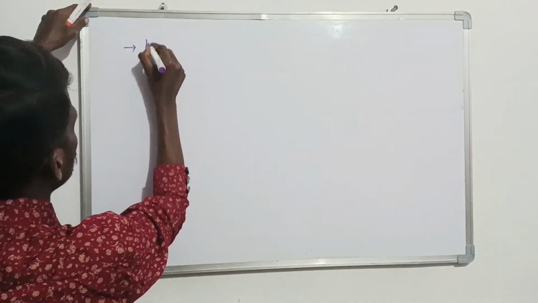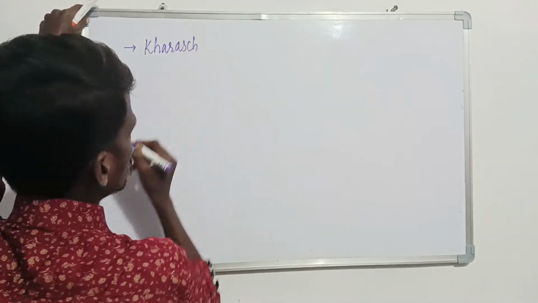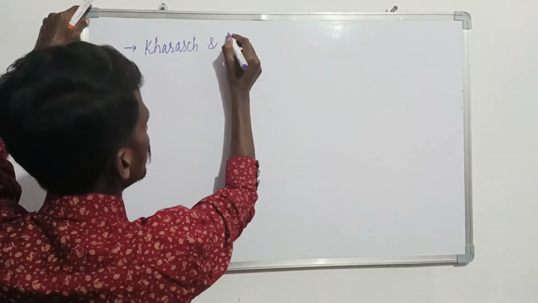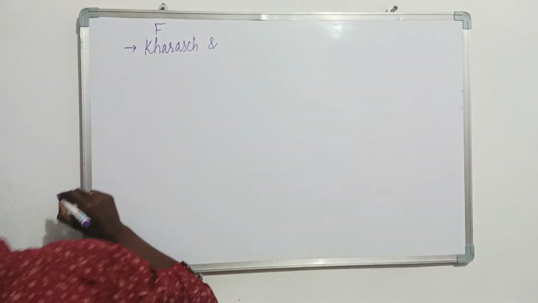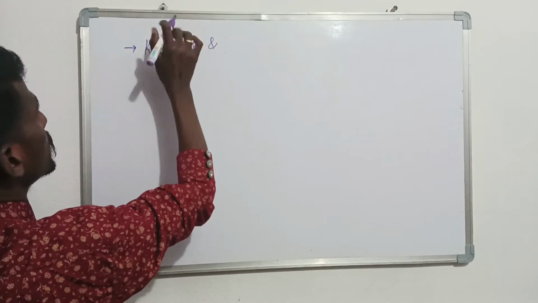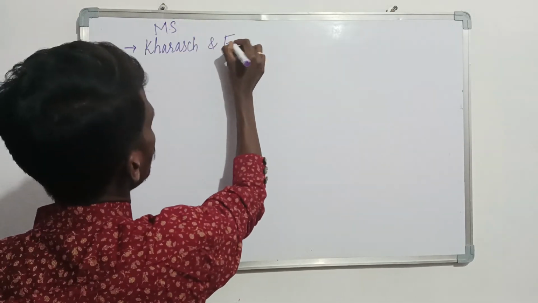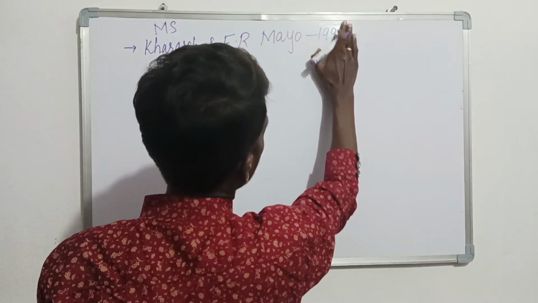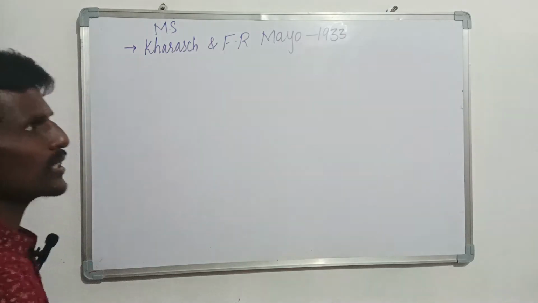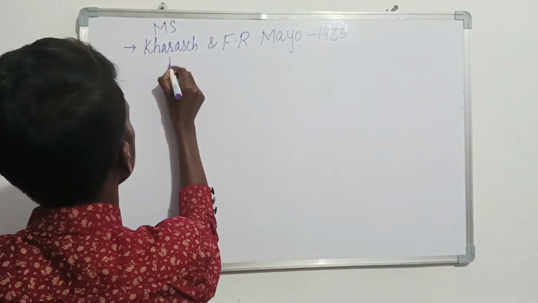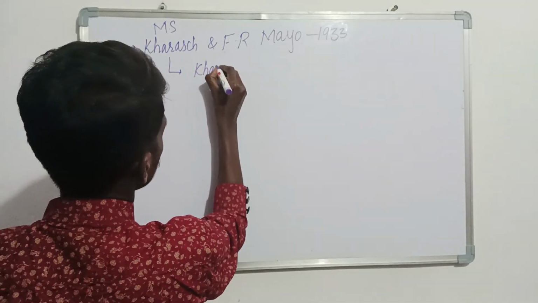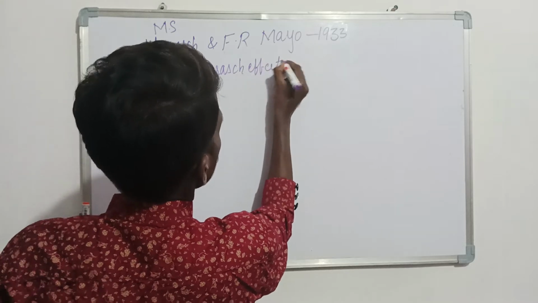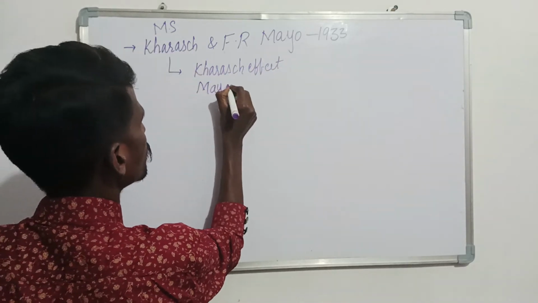One more thing. This effect was discovered by M.S. Kharasch and F.R. Mayo in 1933, and hence it is called the Kharasch effect, and it is also called the Mayo effect.